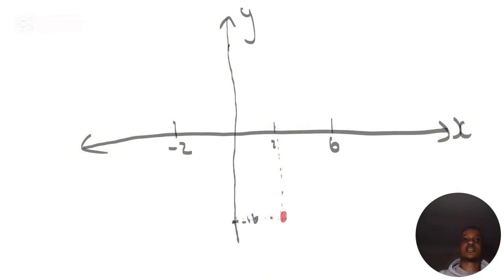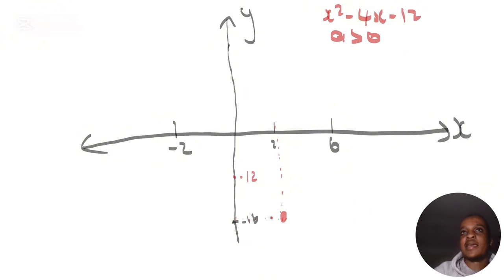Then the y-intercept was 0 to negative 12, so negative 12 should be here. And we know that we had x squared minus 4x minus 12. So a is greater than 0, so I expect my function to be concave up, right?